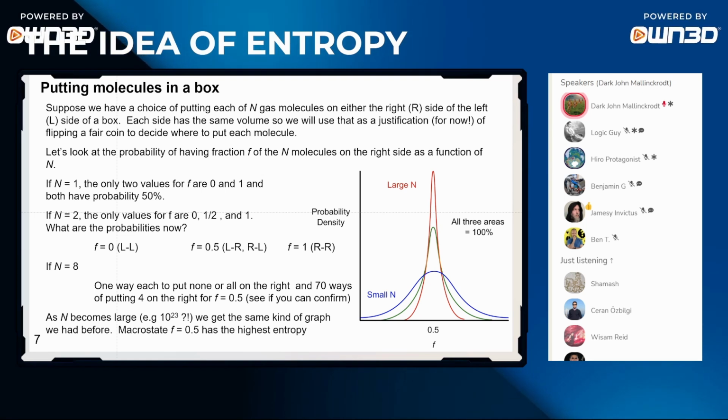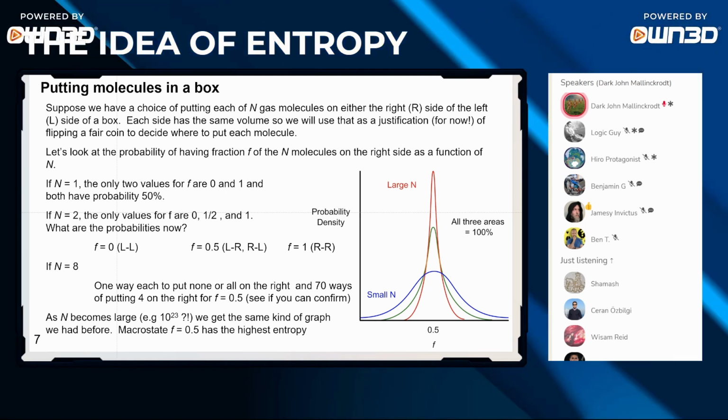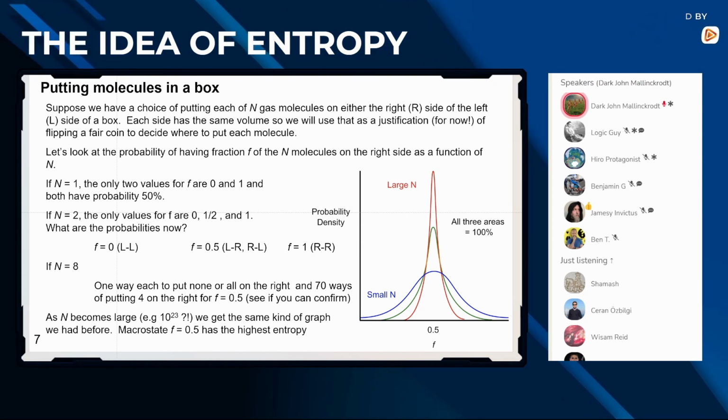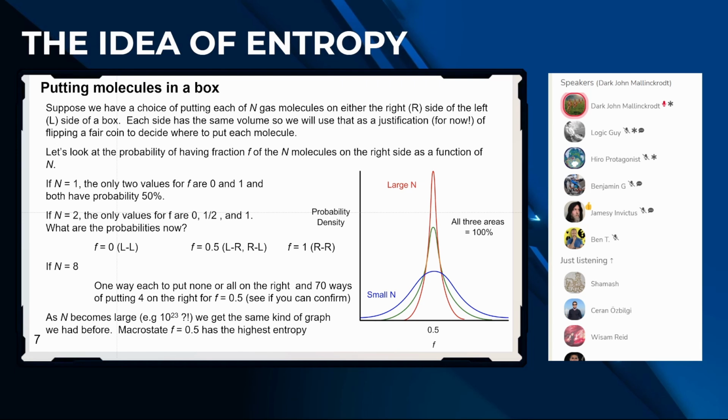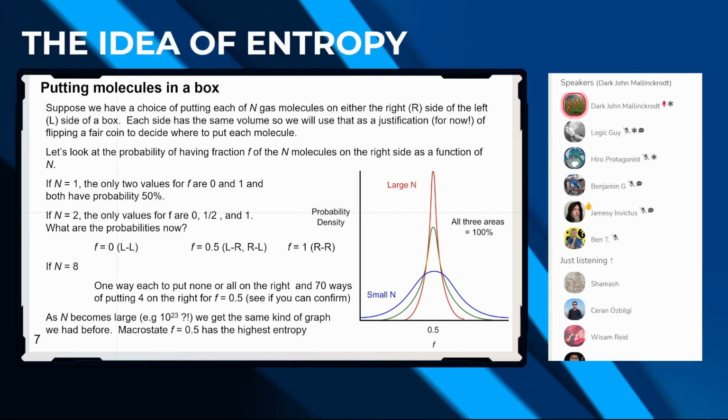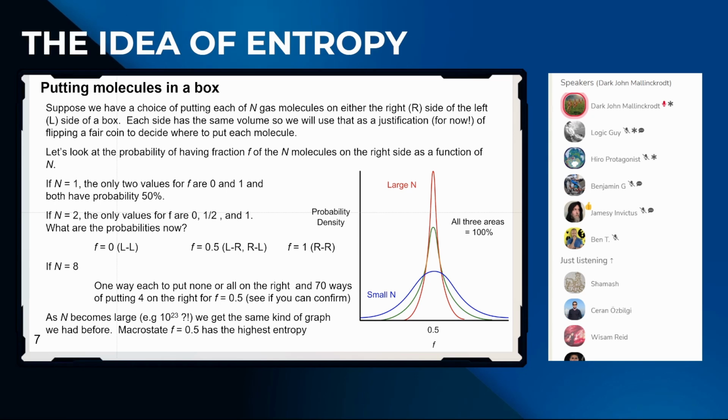Moreover, with a little more statistical analysis, I could probably be a little surer of this. But it's likely the case that you will never see 40% of those 10 to the 23rd molecules on the right, or 60%.